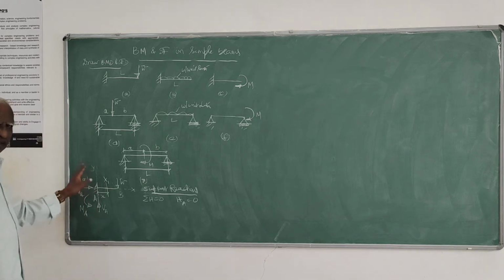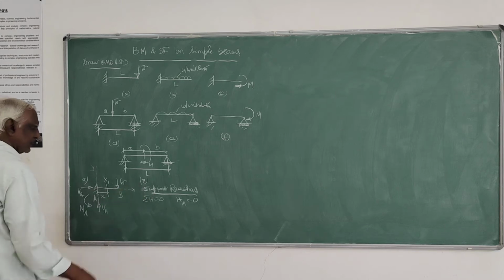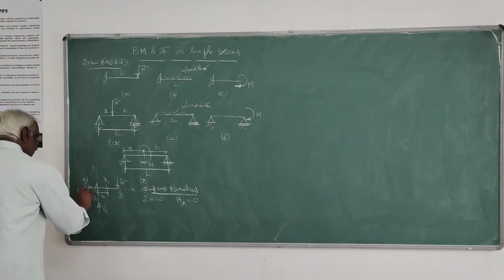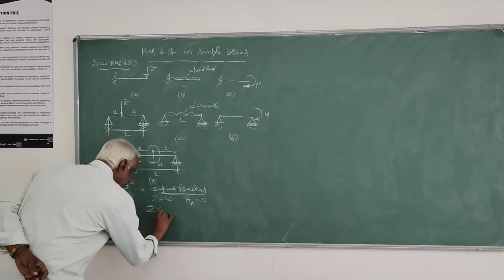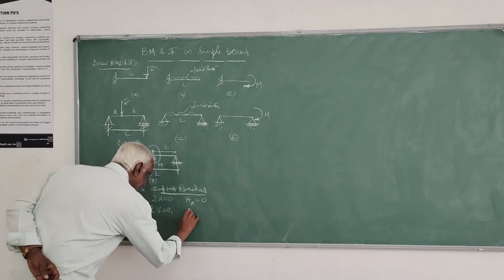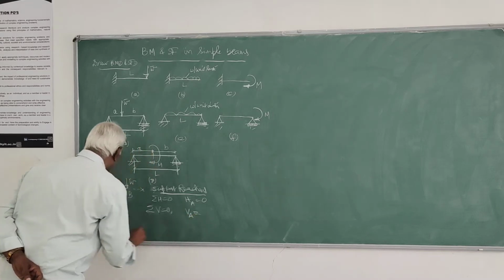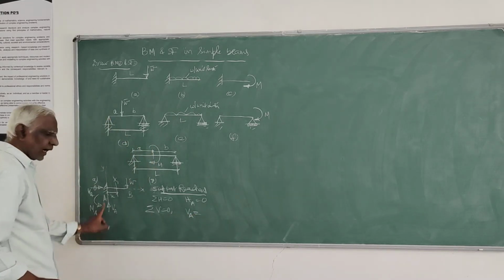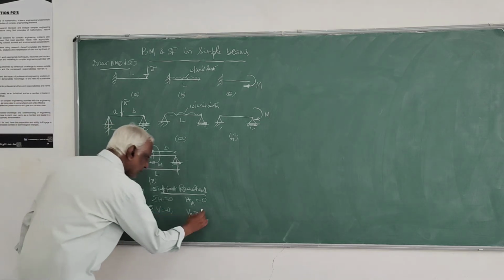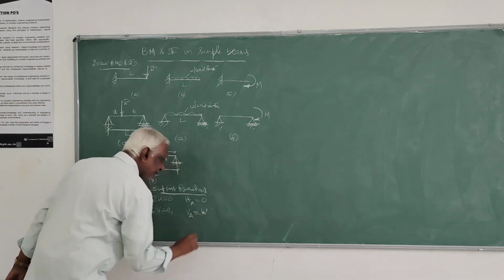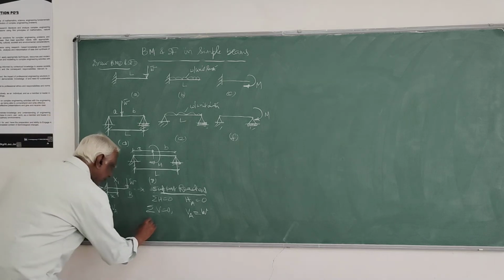So HA equals 0, which means this reaction is 0. Then I will apply sigma V equals 0. I will get VA acting up and W acting down. So VA equals W, which we can write straight away.